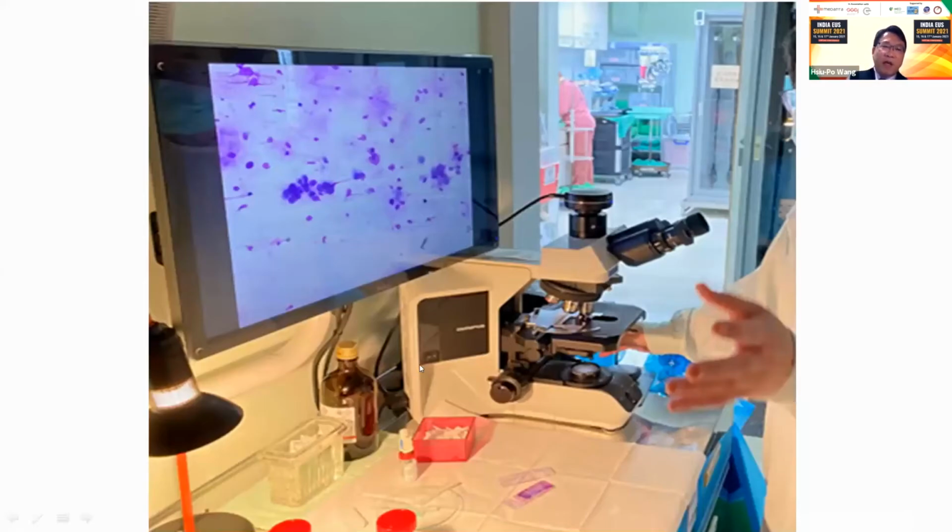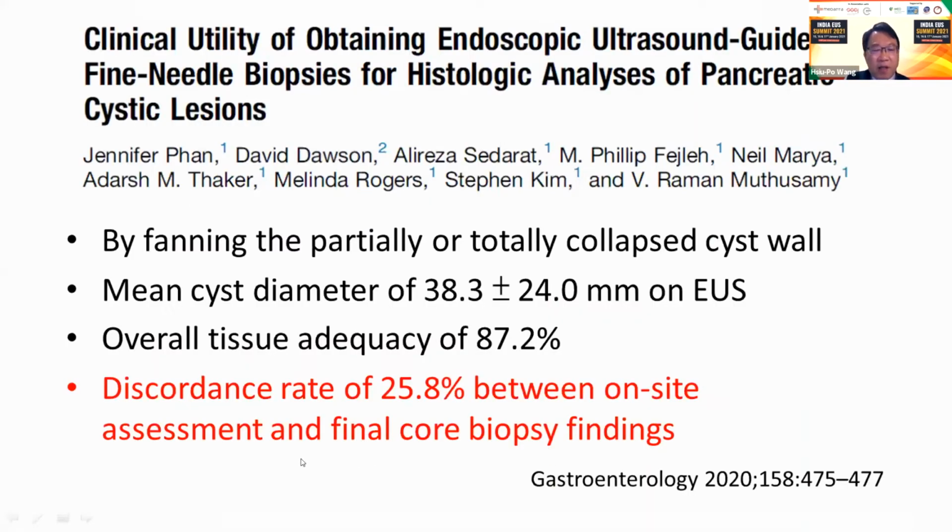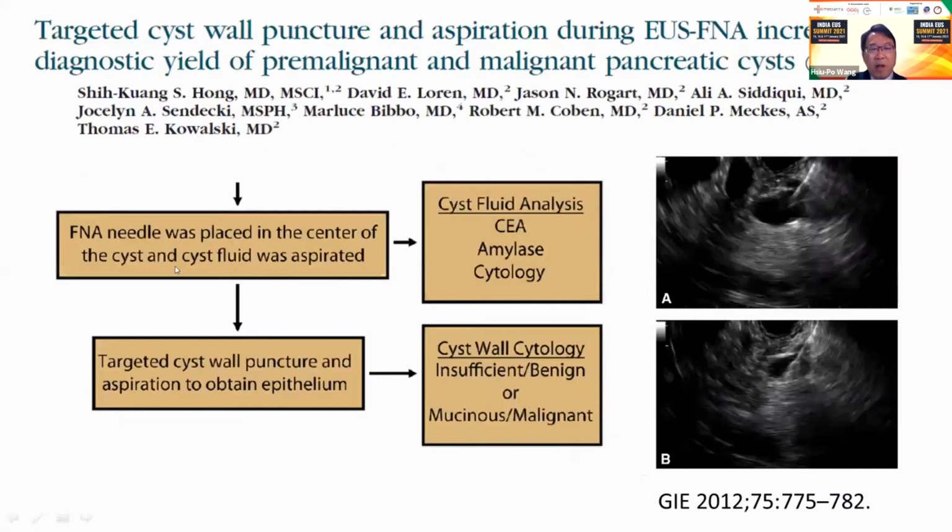Now, how about the on-site cytology? There are studies showing a concordance rate of only 26% between the on-site assessment and the final core biopsy finding.